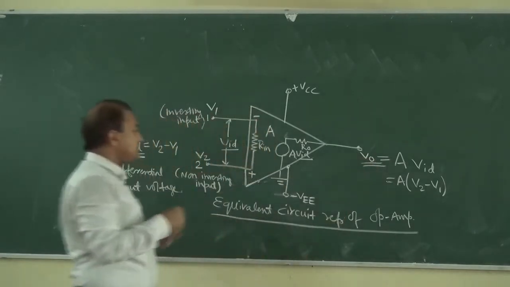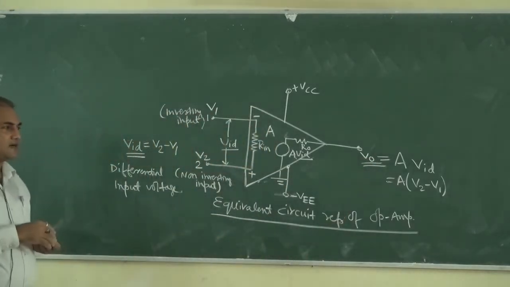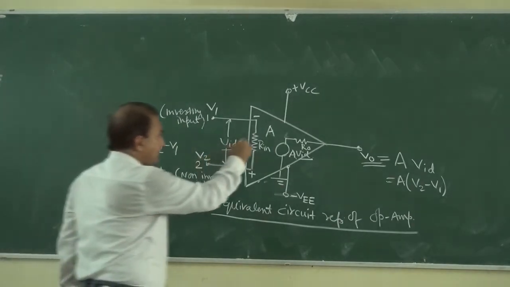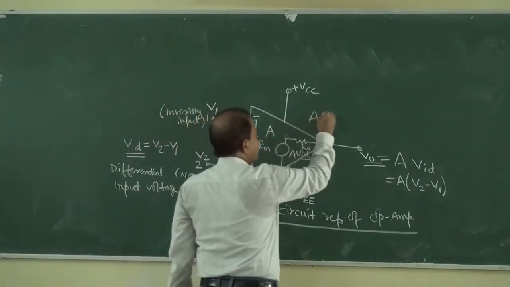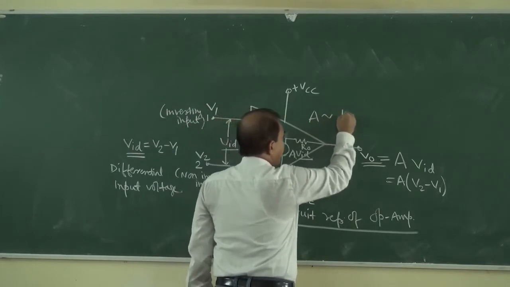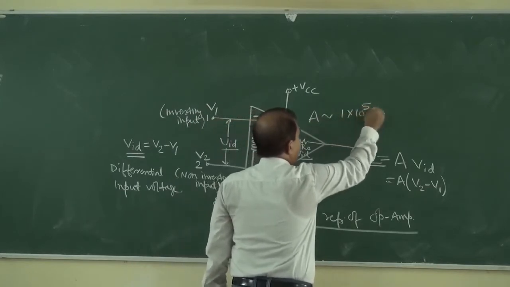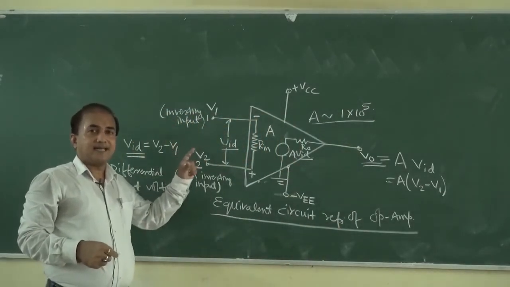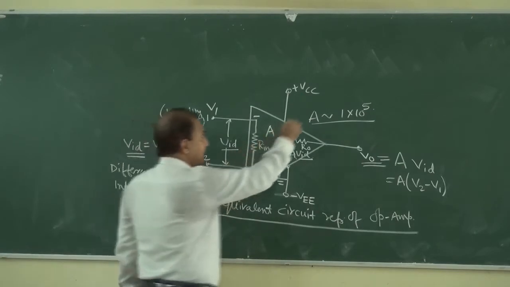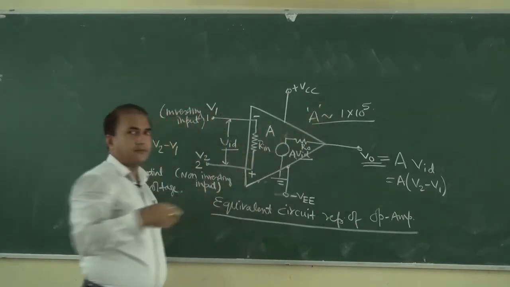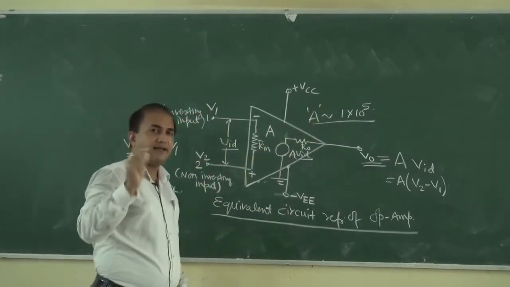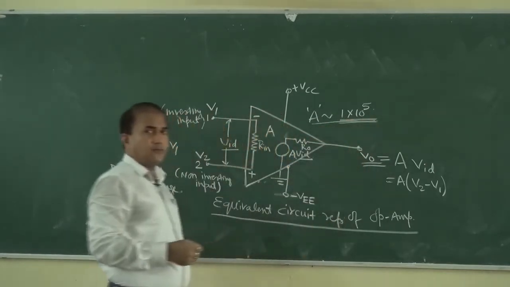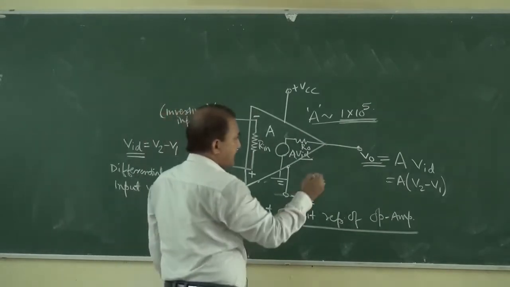In the normal case, A is approximately equal to 1 into 10 to the power 5. So the gain of the operational amplifier A, the open loop gain, is very high.